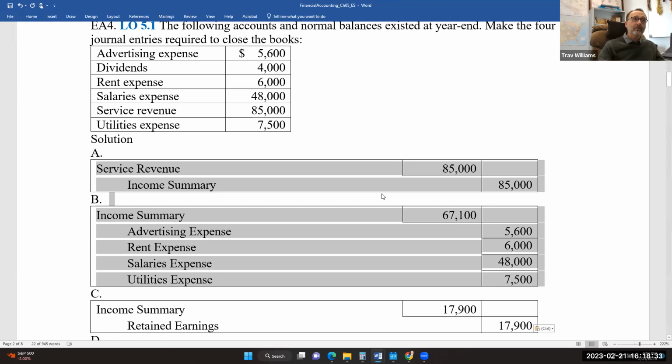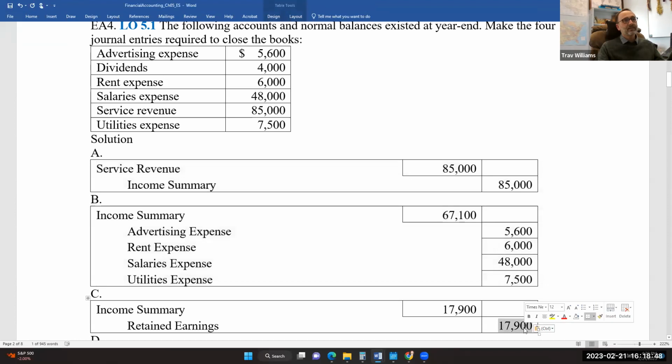So if we went to our income statement, we would see revenue of 85,000 minus expenses of 67,100 is net income of 17,900. So that's profit, which increases our retained earnings. And that's what we're doing here, right? Because retained earnings is not part of DEAL. It increases on the credit side. So that's how you can think of this all.